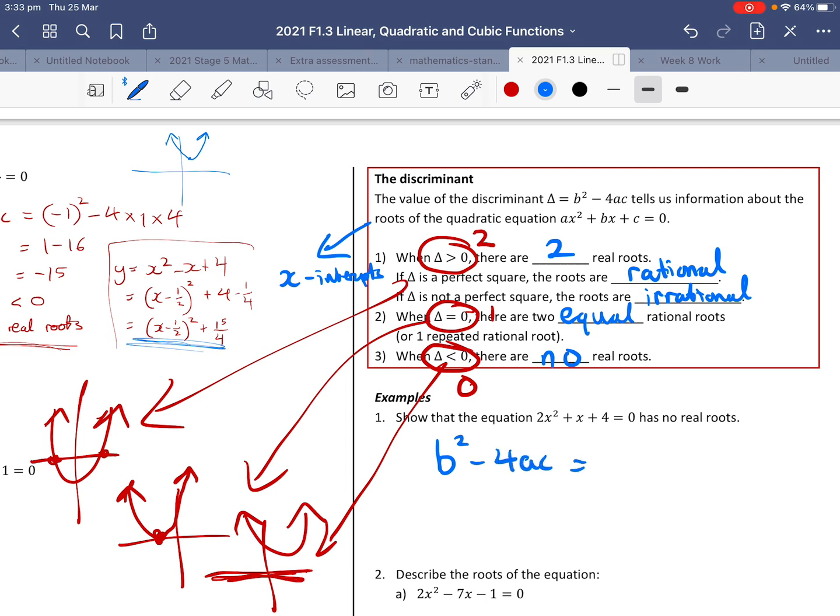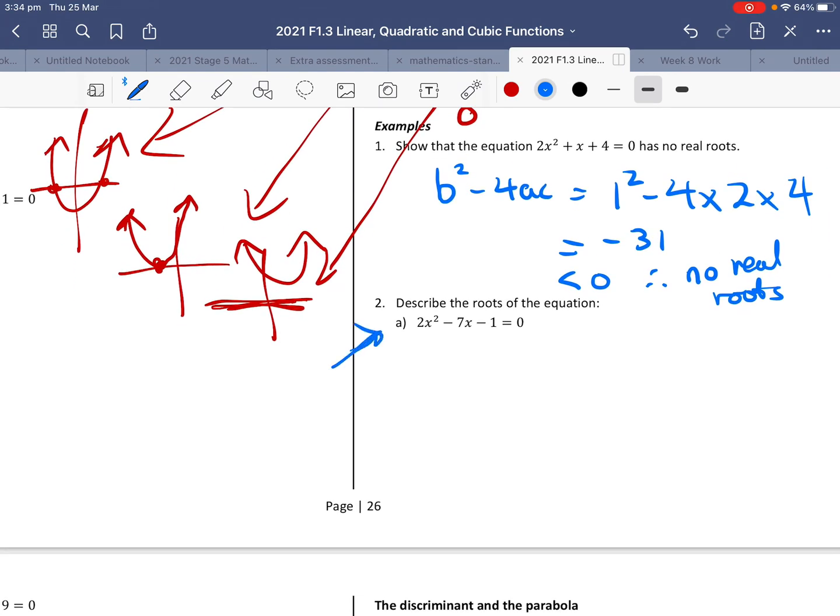For this equation, b is 1, so it'll be 1 squared minus 4 times a, which is 2, times c, which is 4, which gives us 1 minus 32, so it'll be minus 31, and that's less than 0, so therefore we can say there are no real roots.